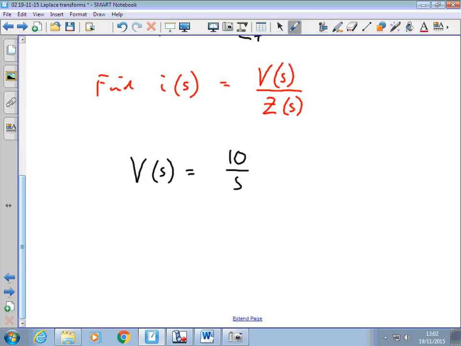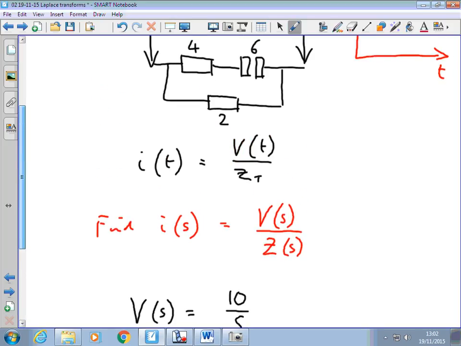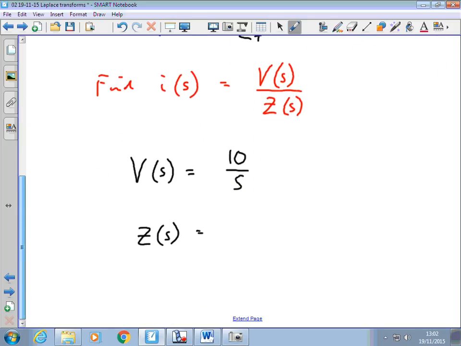So we've got VS is 10 over S, and I think this time I've managed to avoid 5, so we should be okay. ZS equals, so what have we got? We've got a 4 ohm resistor and a 6 farad capacitor in parallel with a resistor.